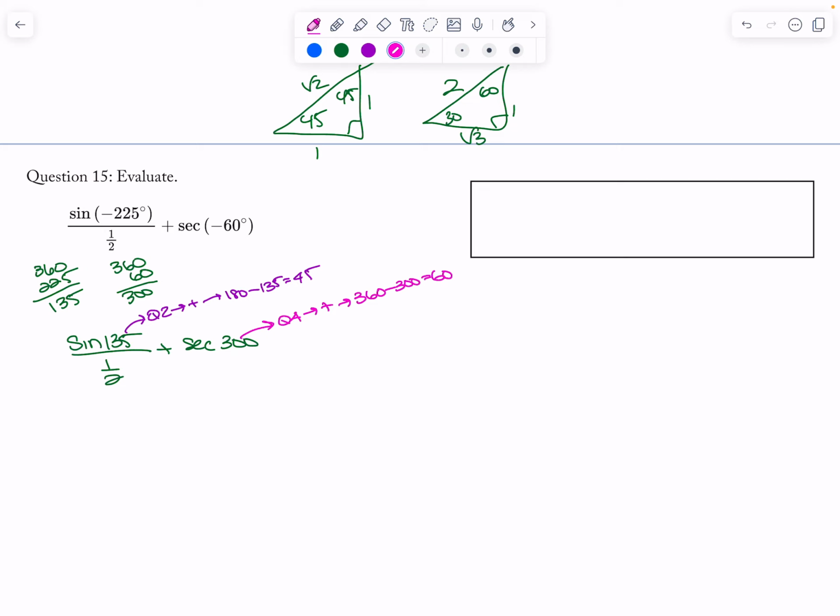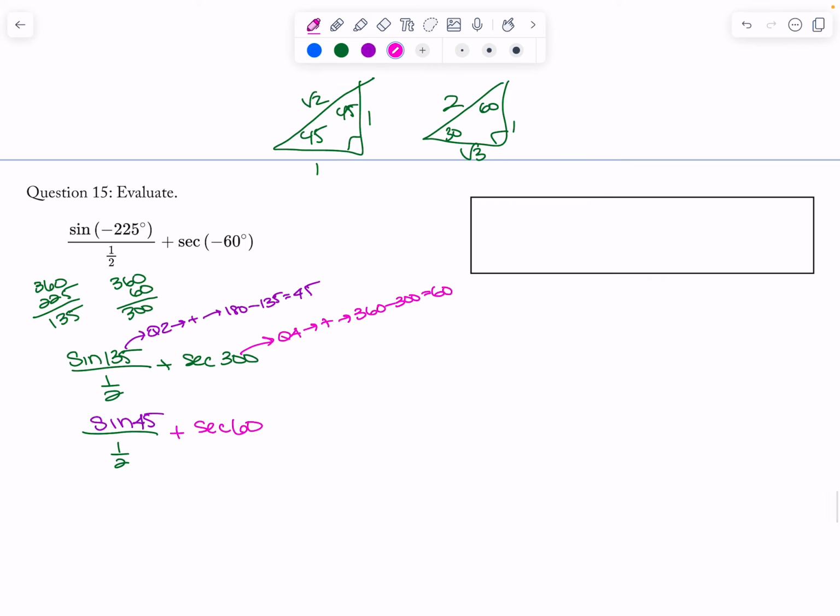So what I have is the sine of 45 degrees divided by 1/2 plus the secant of 60 degrees. So the sine of 45 degrees is 1 over root 2 divided by 1/2. And then my secant of 60 degrees is 2 over 1.